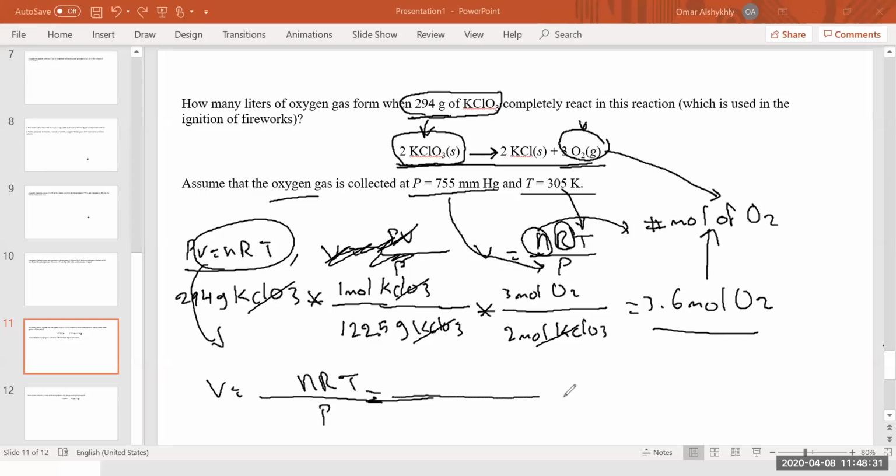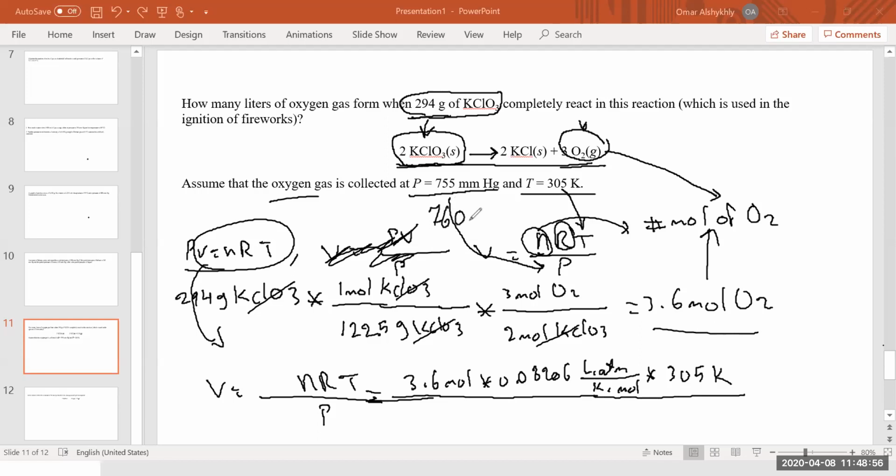That will give me the number of moles, 3.6 mole, times 0.08206 liter atmosphere per mole Kelvin, times the temperature, which is 305 Kelvin, divided by the pressure. Now for the pressure, you have to divide it by 760 to convert millimeter mercury to atmosphere, so it will be approximately 0.95 atmosphere. You can just do the math.